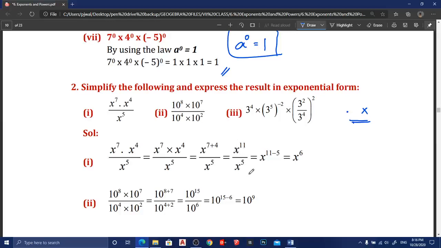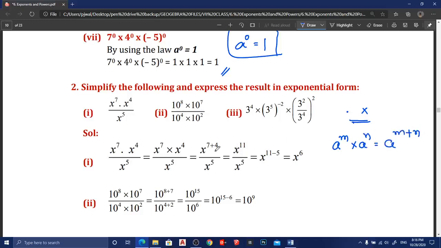Now if you observe this one, this is in the form of the second formula, which is a to the power of m by a to the power of n. So here I am writing the first formula: a to the power of m into a to the power of n is equal to a to the power of m plus n.